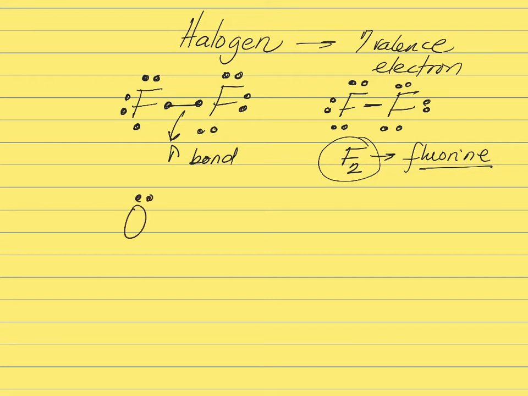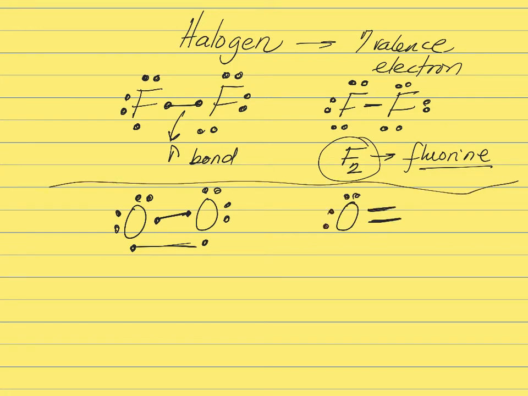Oxygen with 6 electrons, okay? So when oxygen forms a diatomic molecule, it is sharing 2 pairs of electrons. One is a sigma, the other one is a pi.